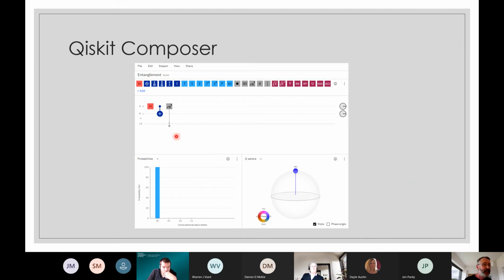You can put together gates, much as I was showing before. You can do measurements. You can run those on a simulator at IBM, or you can run them on real quantum hardware at IBM. So it opens the door to trying to develop algorithms that can usefully work on these qubits in superposition or entangled to produce answers to problems that would normally take far too long to do.